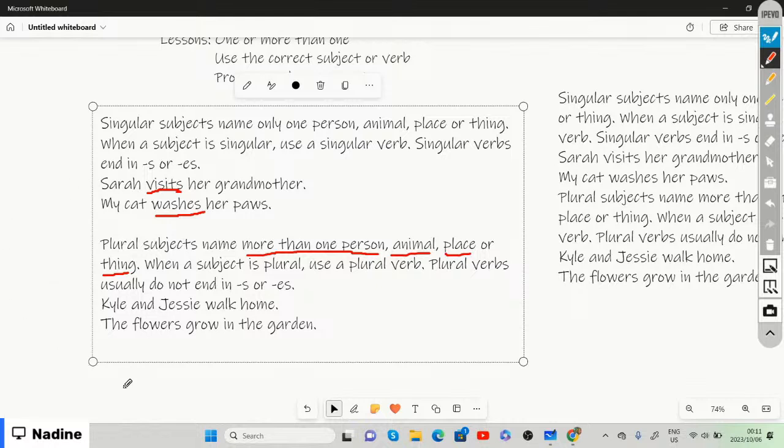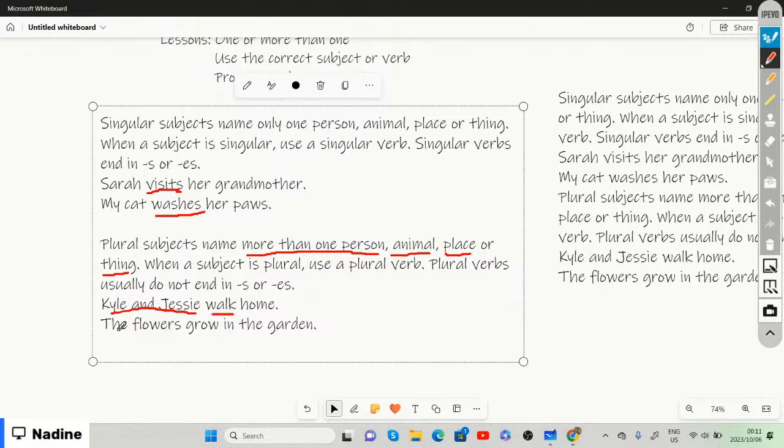For example, Kyle and Jesse, just two people. They walk. We don't say walks home, they walk home. The flowers grow in the garden.